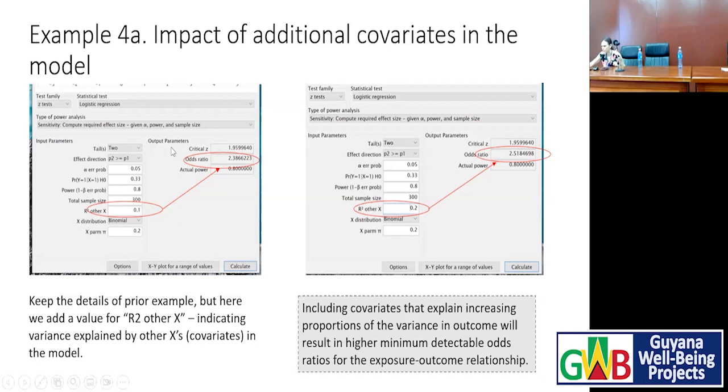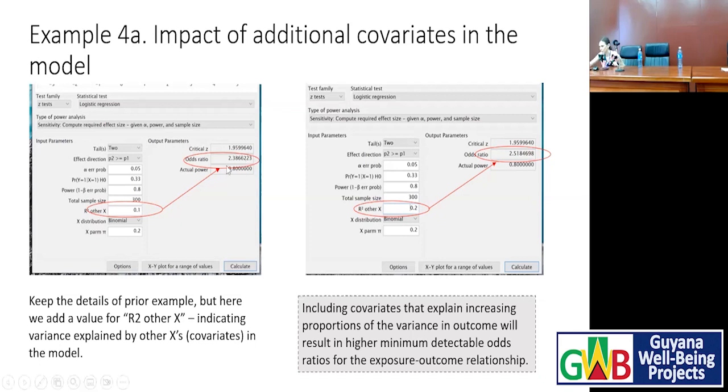So here we are keeping the same details, except instead of 0, we're putting in 0.1. Putting in that 0.1 means that we expect that about 10% of the variance in the outcome is going to be explained by whatever other covariates we're putting in the model. So you don't have to say I'm going to have 10 versus 2 versus 20 covariates. It's not the number of different covariates that matters, it's how much of the variance in that outcome they're explaining.